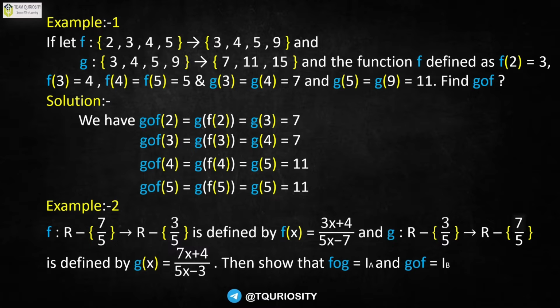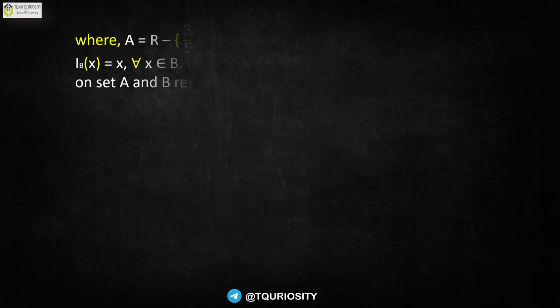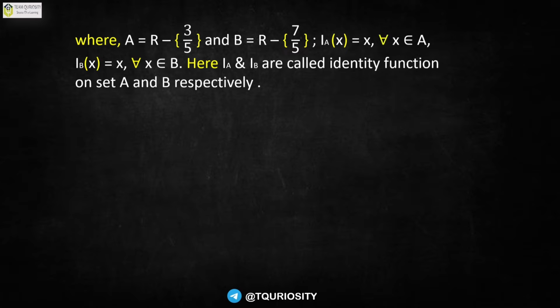Then we have to show that f o g is equal to I A and g o f is equal to I B, where A is equal to R minus 3 by 5 and B is equal to R minus 7 by 5, and I A of x is equal to x for all x belongs to A, I B of x is equal to x for all x belongs to B. Here I A and I B are called identity functions on set A and B respectively.